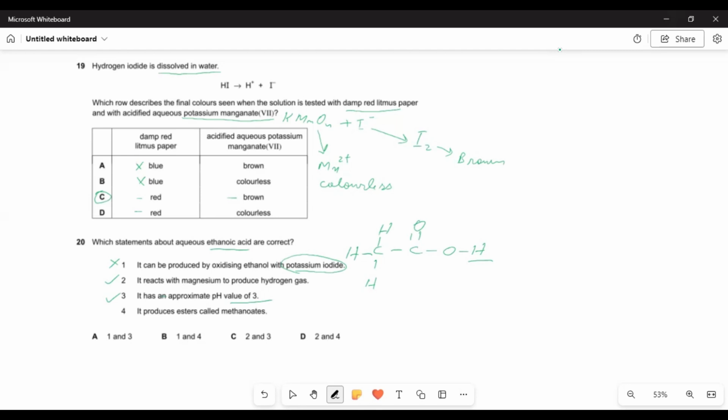No, it has 2 carbon atoms, so the ester produced here would not be methanoate, but it would be ethanoate. So it is also wrong. So the correct option is 2 and 3, 1 and 3, 1 and 4, 2 and 3. So C is the correct option.